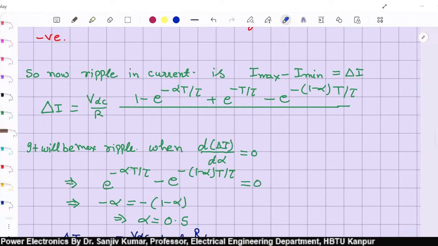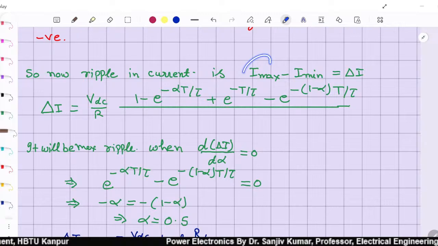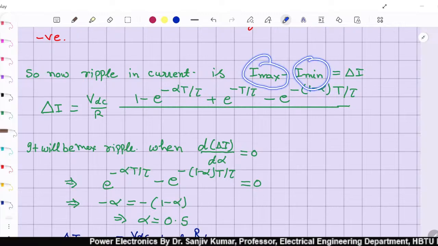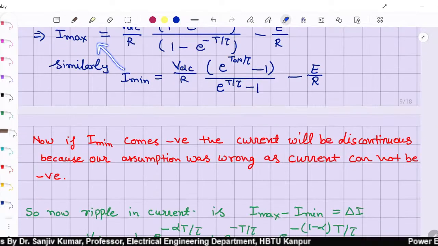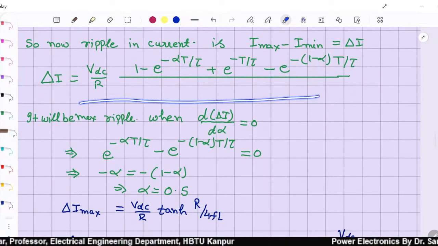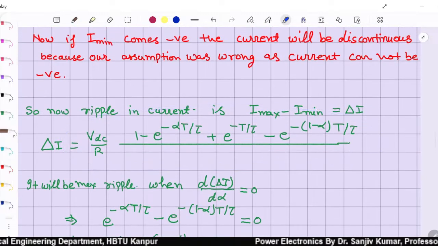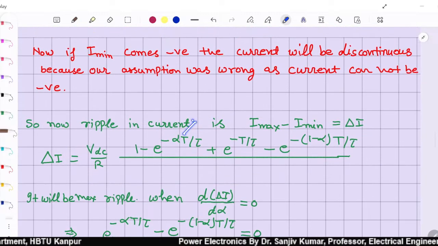Now once we have I max and I min, you have to find out the value of ripple current. Ripple current is I max minus I min. Just subtract I min from I max, you will get delta I comes out to be like this. Here alpha T is what?